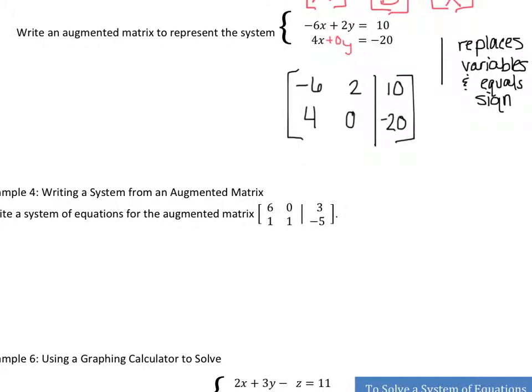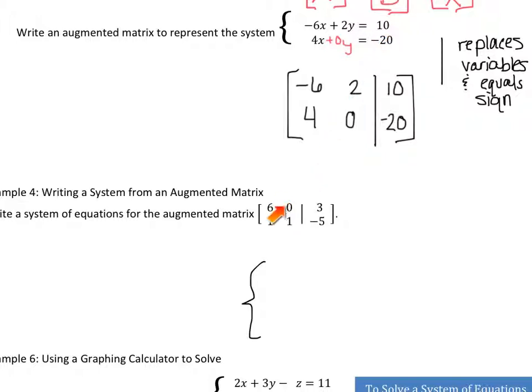So let's do the opposite. Instead of taking it from a system of equations and putting it in an augmented matrix, we're going to start with the augmented matrix and write it as a system. Okay, so like up top, the -6, 2, and 10 made -6x plus 2y equals 10.